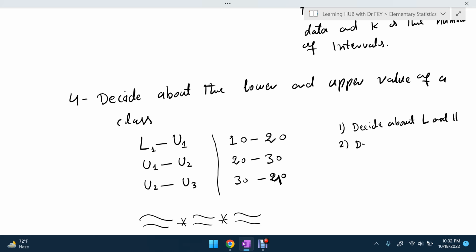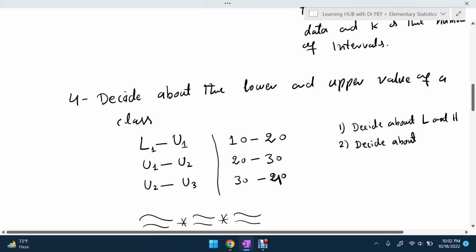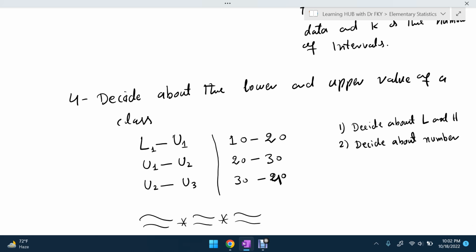The second is to decide about the number of classes, that means k.